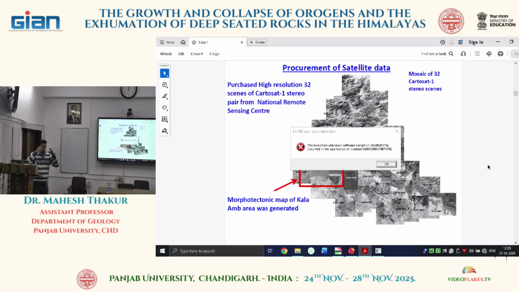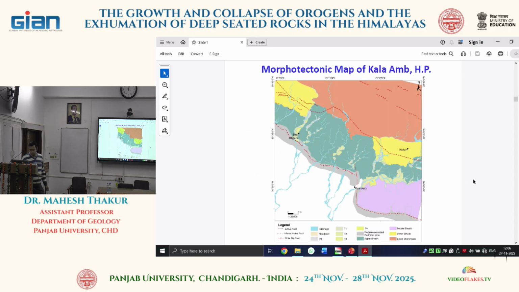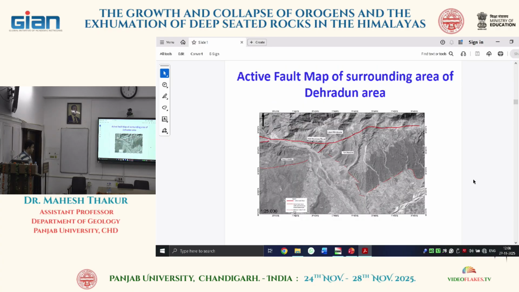In an anaglyph, basically we can see in 3D. We can have a 3D view of the area, and by doing that, we can see topographic changes, and then we can try to mark where the fault is going in the field actually. And using those, we are able to make these tectonic maps.